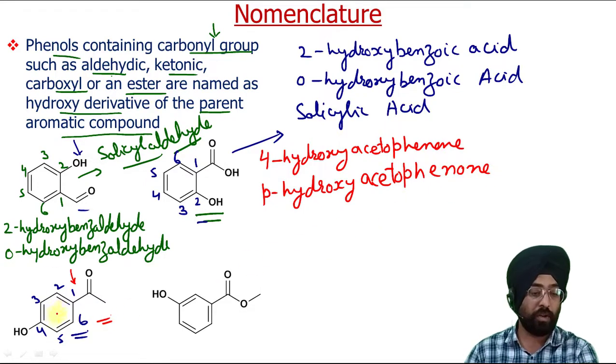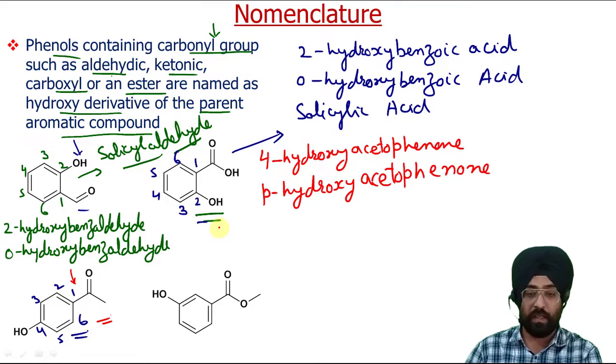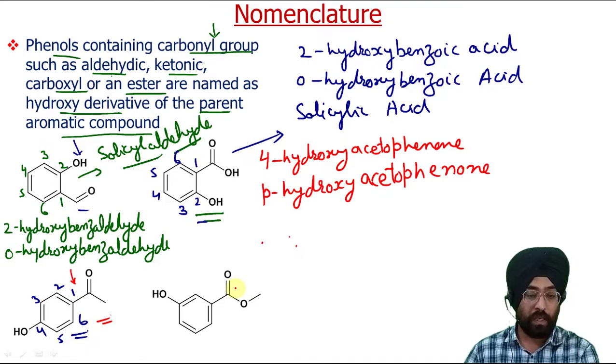So that is the name of this compound. In all these compounds, OH will be named as the prefix hydroxy. I will erase this, then I will name this compound. Now we can number this as 1, 2, 3, 4, 5, 6.